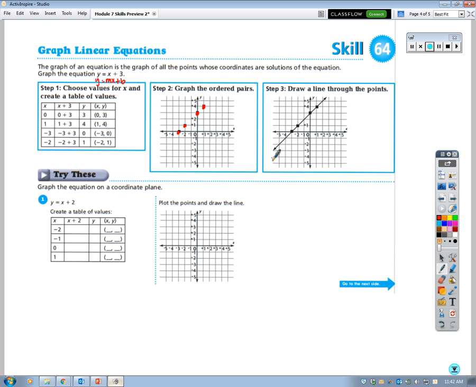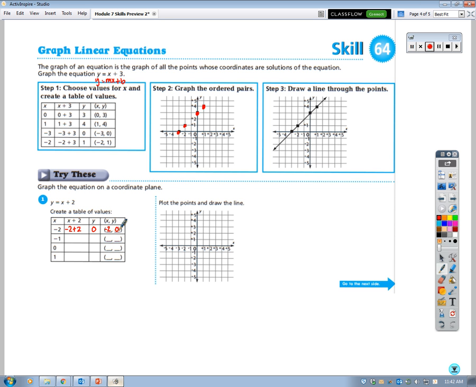So we're going to go ahead and do one. And so we've got our equation, y equals x plus 2. This is y equals mx plus b form. This is slope form. And we're going to plug these into our equation. So when x is negative 2, that's our x value. Negative 2 plus 2 is 0.